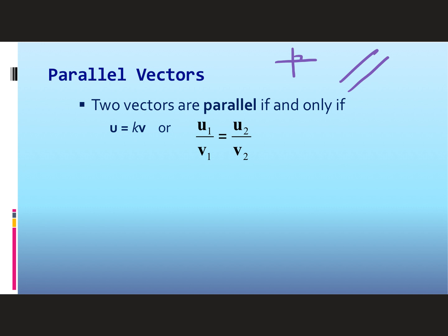Just make sure you keep the same proportion. If two vectors are orthogonal, could they also be parallel? No, it can't be both. So if you find out that one's orthogonal, you don't also have to set up a proportion. They could either be one or the other, or they could be neither. So just keep that in mind.